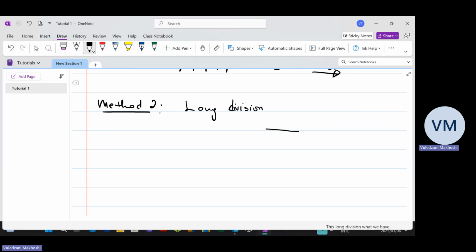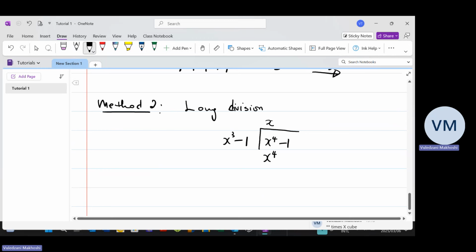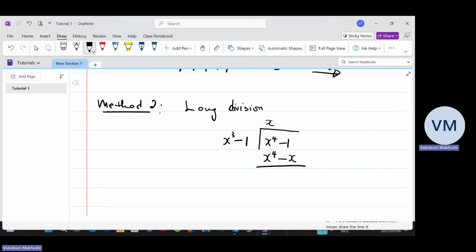We are dividing x to the power of 4 minus 1 by x cubed minus 1. So we divide x to the power of 4 by x cubed. We're left with x. X times x cubed is x to the power of 4. X times minus 1 is minus x. Draw the line. X to the power of 4 minus x to the power of 4 is 0. 0 minus x is just x. And then minus 1 there.